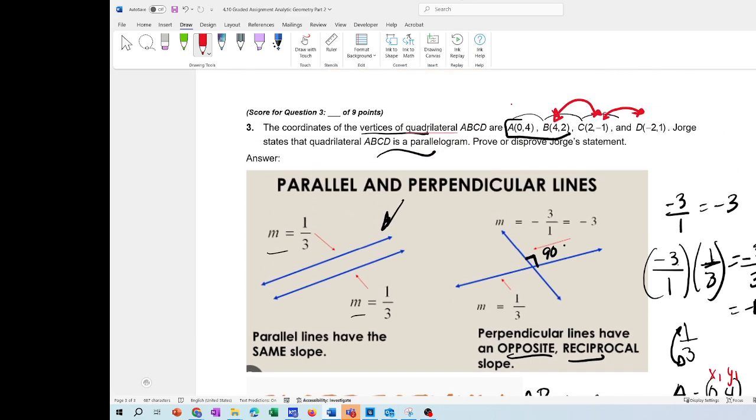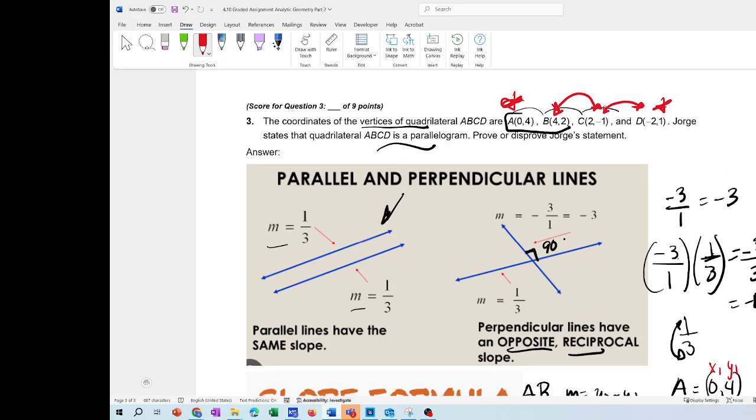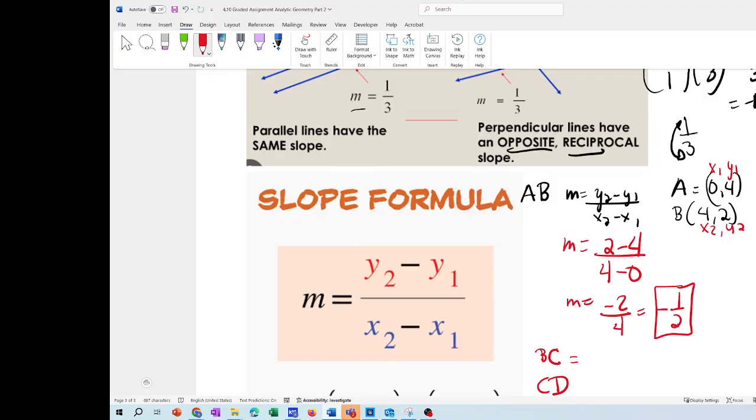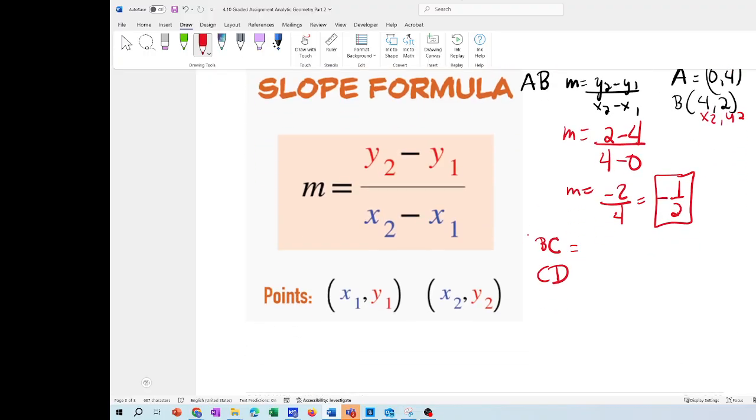So it's going to be A and D. So first and second, second and third, third and fourth, and first and last. So AD. So you're going to calculate the slope of these 4 sides. Remember, it's a quadrilateral. For the first one, I already helped you out. Slope is equal to negative 1/2. You're going to calculate for BC, CD, and AD.